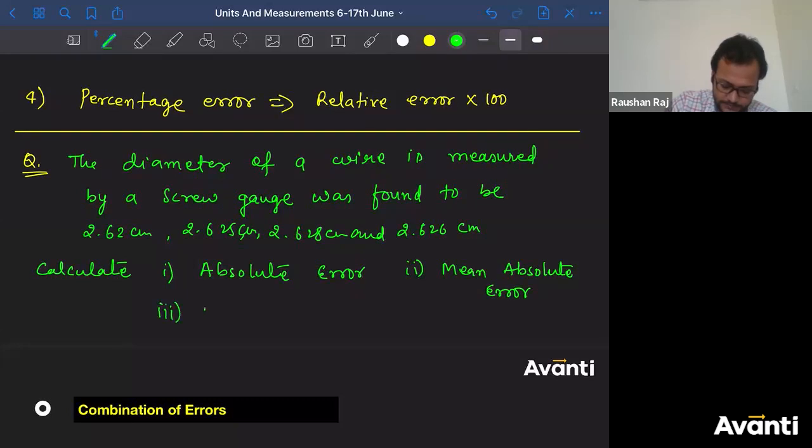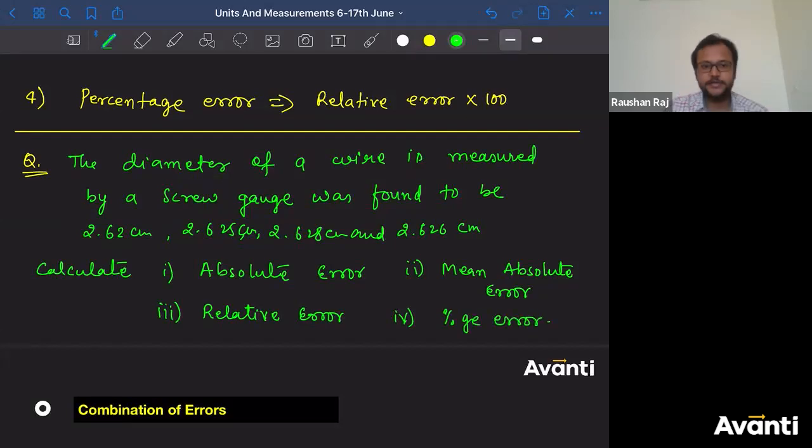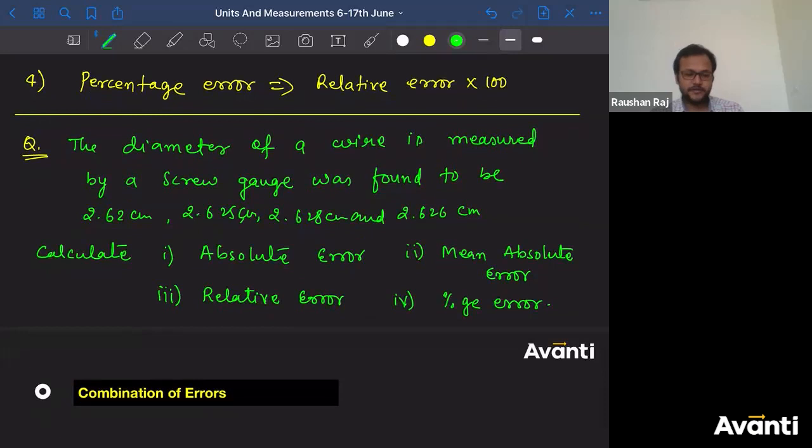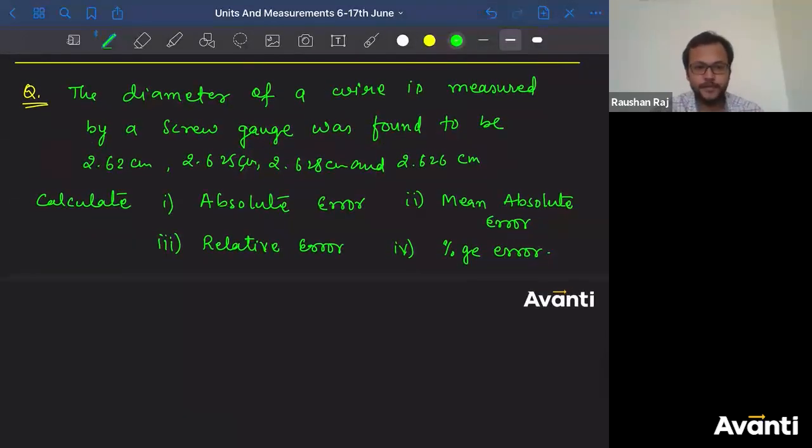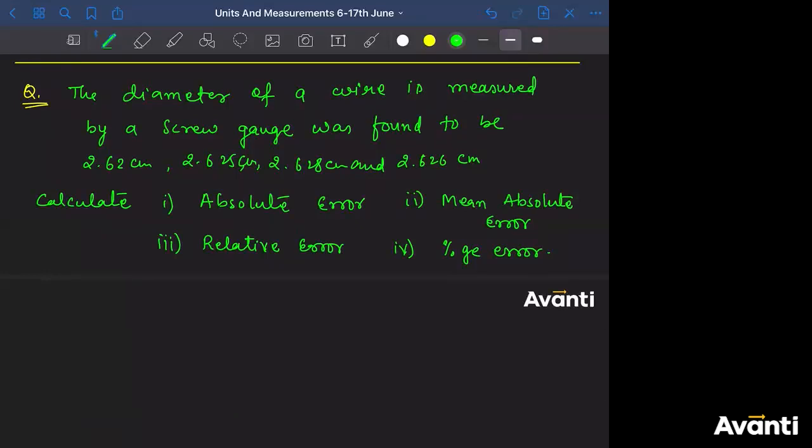Third one is relative error, and fourth one is percentage error. जल्दी से निकालो. Try to solve it down, बच्चा लोग. Try to solve it down. It's not that tough. जल्दी से solve करो बच्चा लोग.